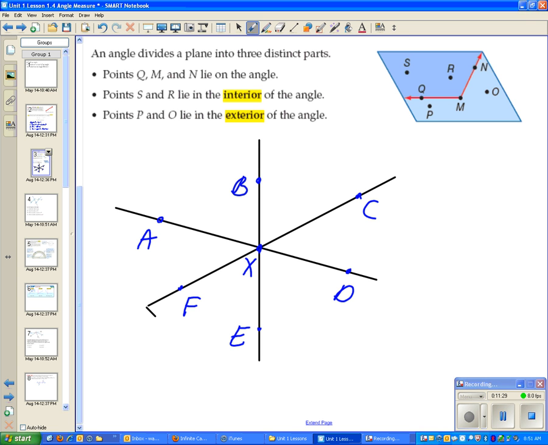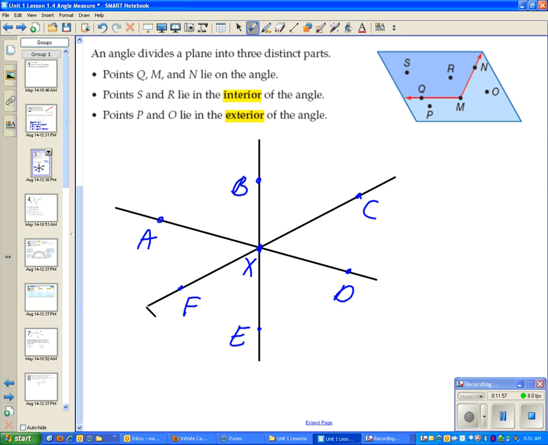According to lots of definitions where they take the word non-collinear out, angle BXE is called a straight angle. And I kind of like that. I like to have the ability of calling that a straight angle. So sometime later on in the book, we'll shift our definition and include that. Right now, we'll stick with the non-collinear rays. But keep in mind that a lot of books will call angle BXE an angle.